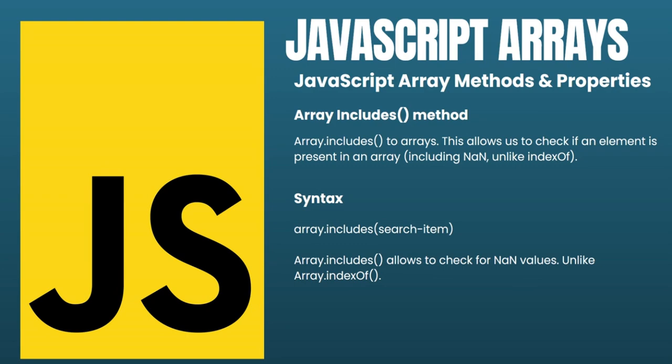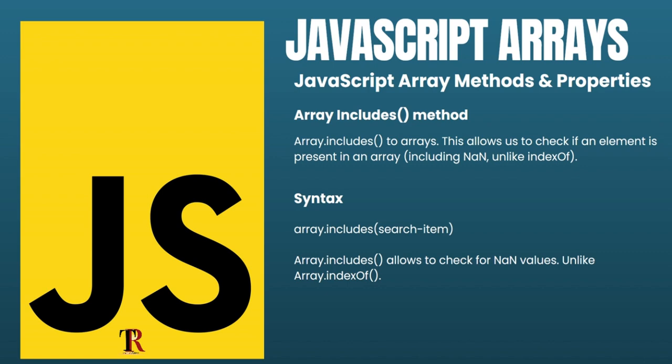In this lesson, we will continue to talk about methods when working with arrays in JavaScript. In the previous lesson, we looked at the lastIndexOf method, where we were able to see how it can be used to get the last occurrence of a specified element in your array, and that alone is the difference between it and array indexOf.